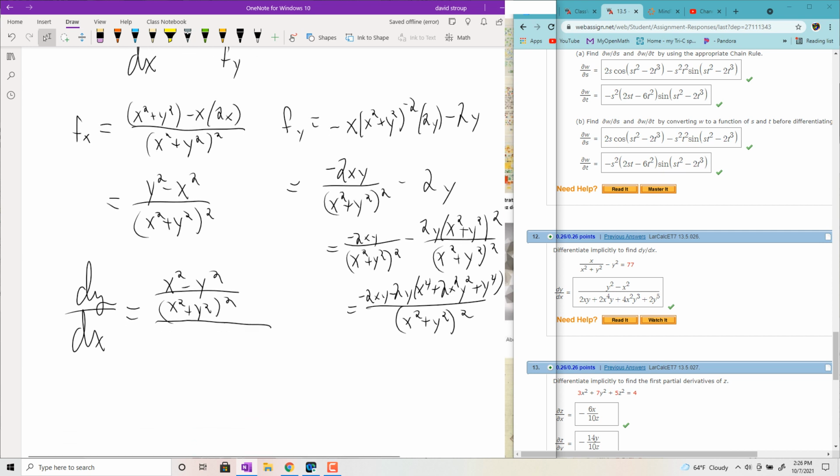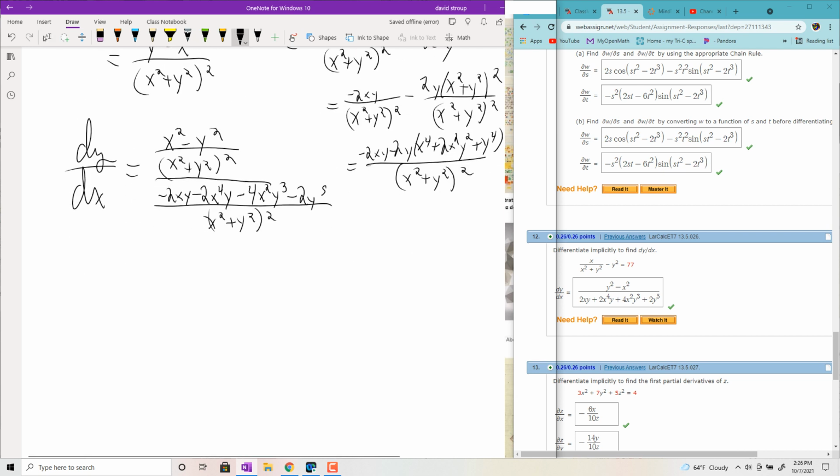And then I can kind of put that into my denominator. So I have negative 2xy minus 2x to the 4th y minus 4x squared y cubed minus 2y to the fifth all over (x squared plus y squared) squared.